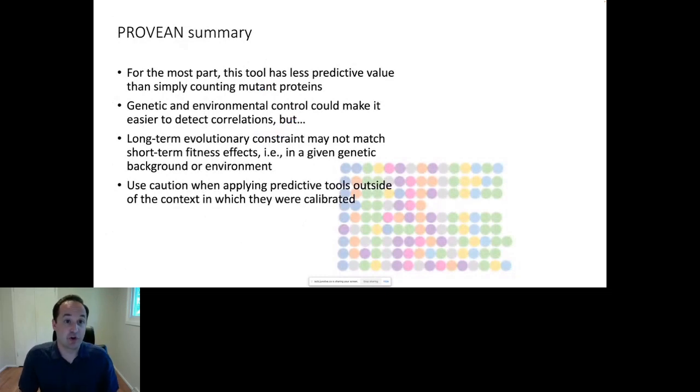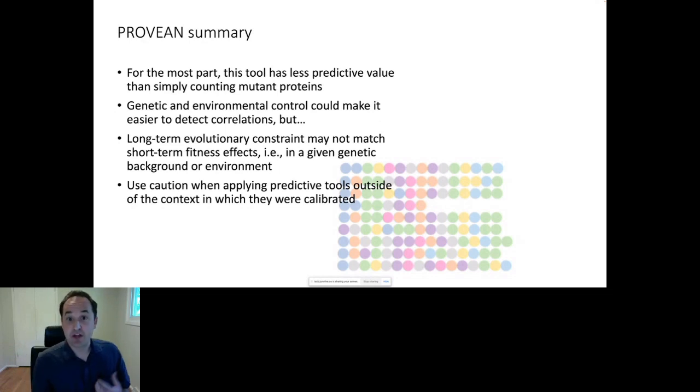So that's our result, and we should think about what that means for all the studies that are using this approach. I would have thought that genetic and environmental controls would make it easier for us to detect correlations between these scores and fitness. But we should also recognize that the amount of evolutionary variation out there in the world that we see that protein makes use of may come from the average effect of some variant across many genetic backgrounds and many environments over many generations, whereas what we're measuring here is its effect in a given genetic background or a given environment.